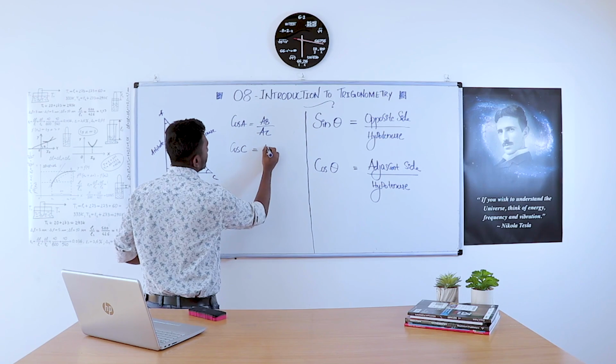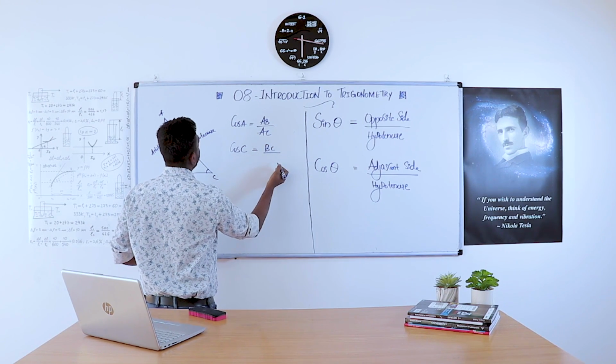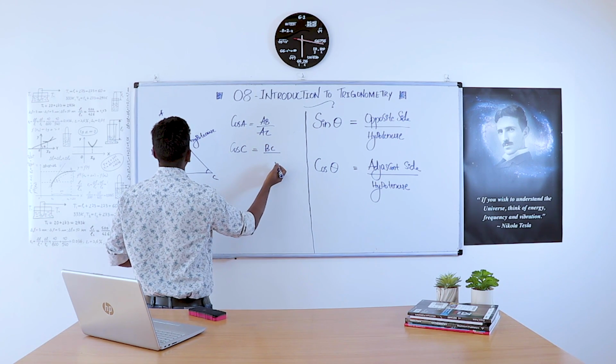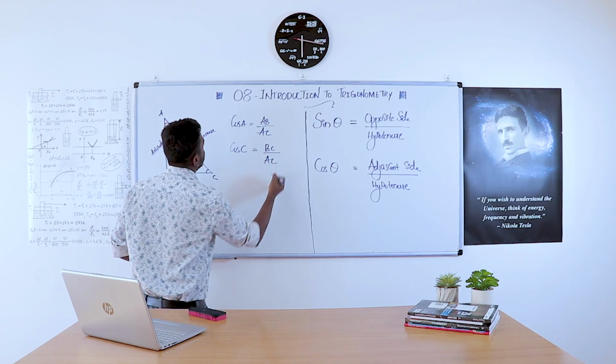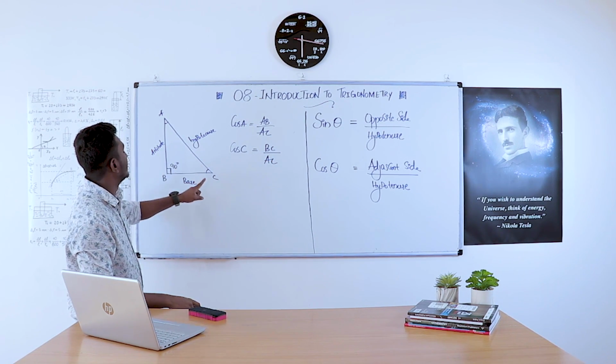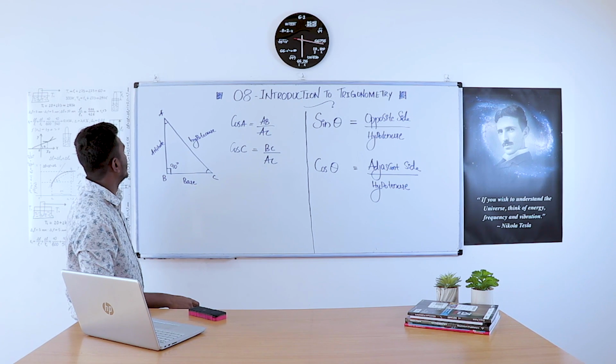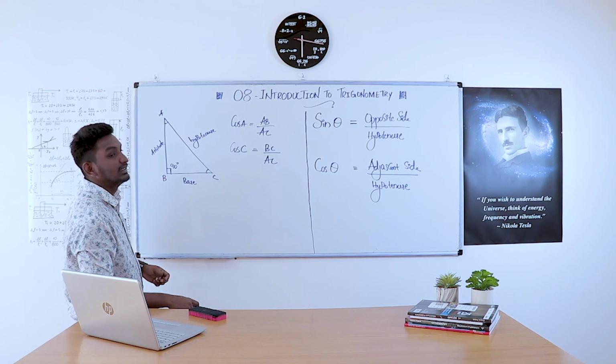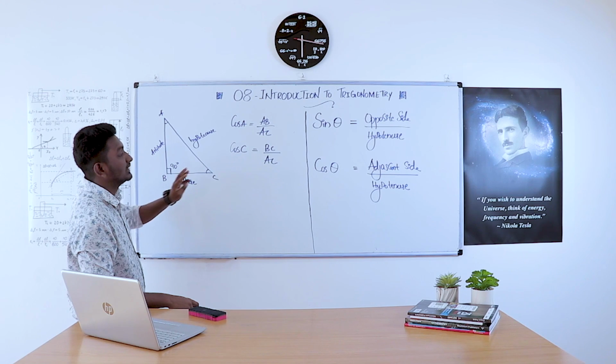BC, by the hypotenuse AC. So cos A is equal to AB by AC, and cos C is equal to BC by AC. Thus, the cos value can be found for any angle.